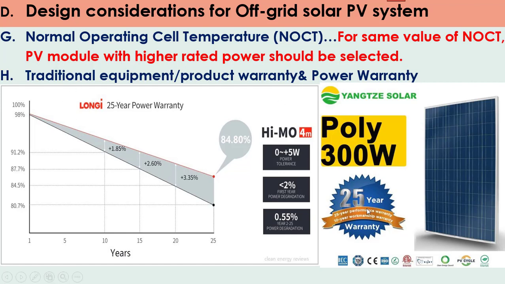Also, we must take into consideration the warranty that comes with the data sheet of the module. As we see, this type is polycrystalline silicon 300 watt, and this is 25 years of warranty.